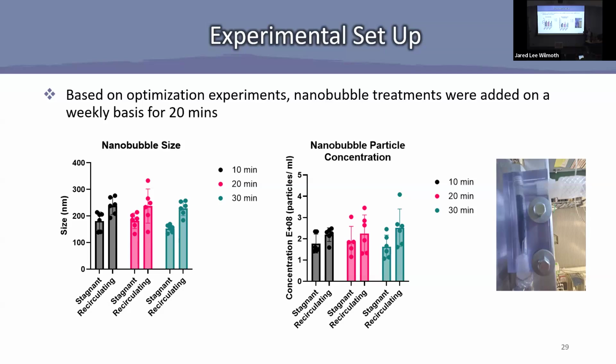If you keep the equipment on, the yield is going to start rising, and you don't want that because fish could get bubble gas disease, and you don't want the oxygen level to be too high for the fish. So we did different time points, 10, 20, and 30 minutes, and decided to go with the 20-minute time point for our recirculating systems because that's a pretty good midpoint. And here, this is the part that actually is producing the nanobubbles.